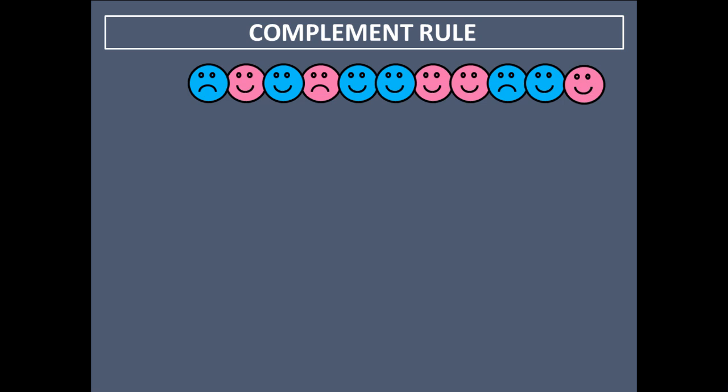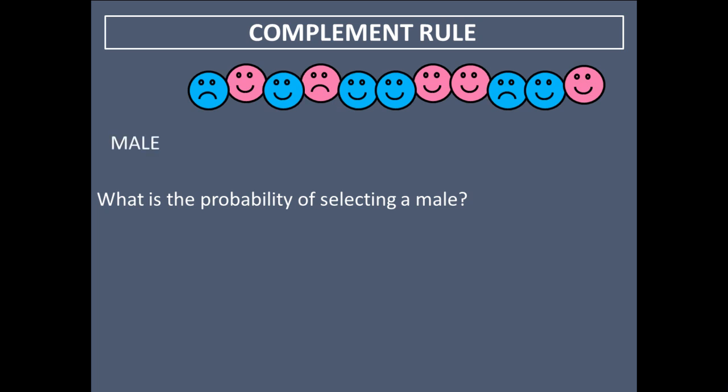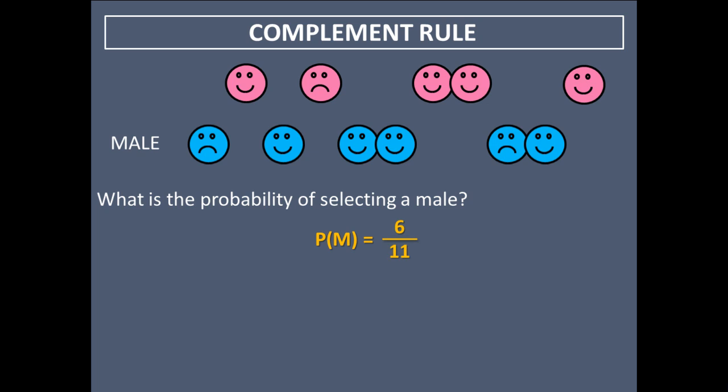Looking now at something called the complement rule, if we're to look at our sample and ask ourselves what is the probability of selecting a male, well, 6 individuals from our 11-person sample space are male, so we have a probability of 0.5455.